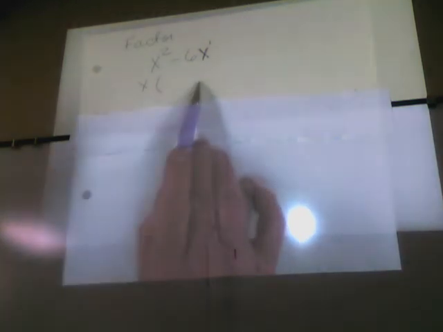As far as the number part, you don't need to factor any numbers out because 1 is your greatest common factor of the number part. So the only thing we can factor out is an x. We're going to put it on the outside of the parentheses. And for each term, we're going to have something inside of our parentheses.